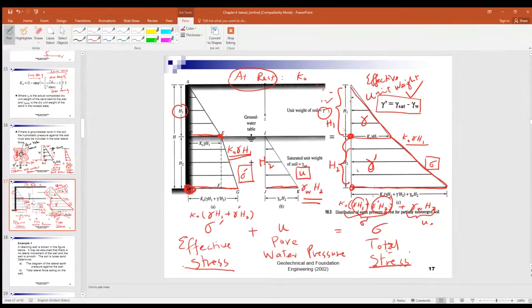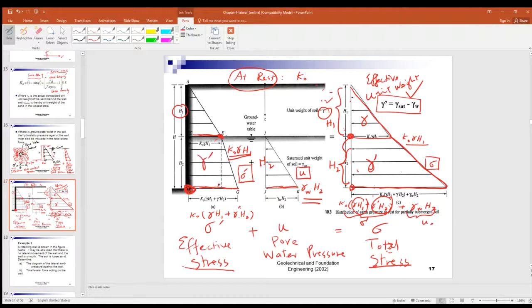Now that will give you the total stress. Effective stress, very simple. Here, K naught gamma H1. What about here? Coming down, then you have gamma dash H2.